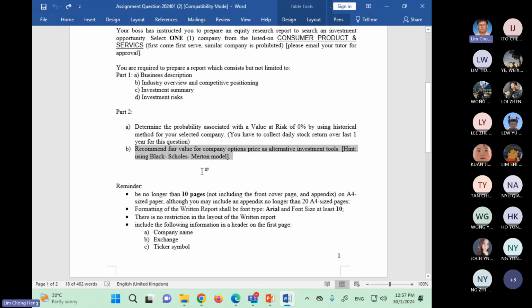Okay, and another new method is to try to measure the potential loss. This is the new measurement we call value at risk. Value at risk is a very flexible method, and nowadays some companies use this to identify which project or investment has higher risk.